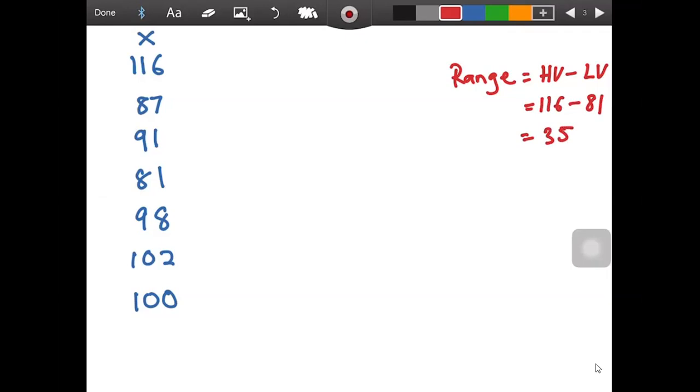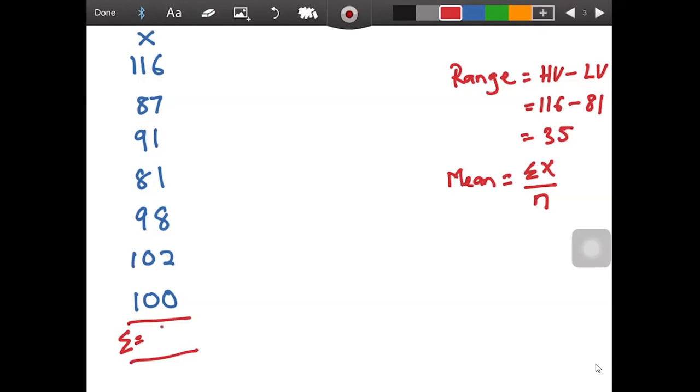Second question is to calculate the mean. Okay, mean. Mean equals to formula ni raw data. So sum of x divided by n. Okay, so you need to total up your x. Berapa total? Total will be 116 plus 87 plus 91 plus 81 plus 98 plus 102 plus 100.